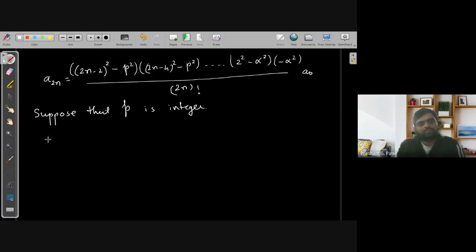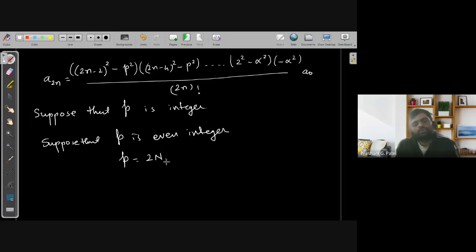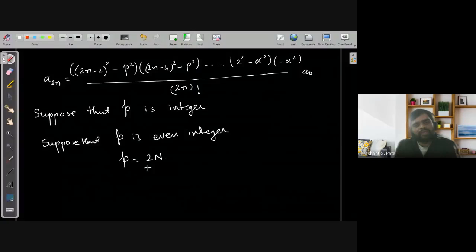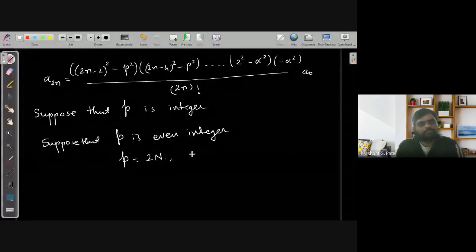Suppose that p is an even integer. Let's say the value of p is 2n, where n is some integer. It is an even integer.